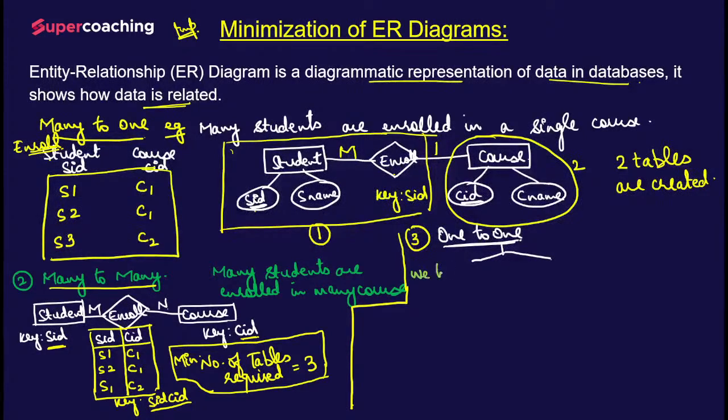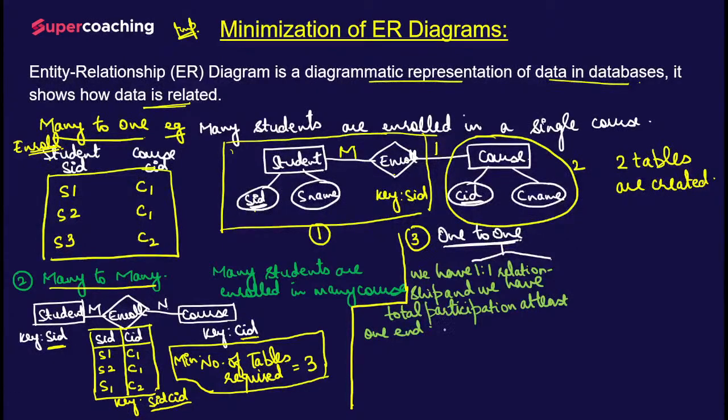First case is we have a 1 to 1 relationship and we have total participation on at least one end. Okay, so if that is the case, then in that case only a single table is required.